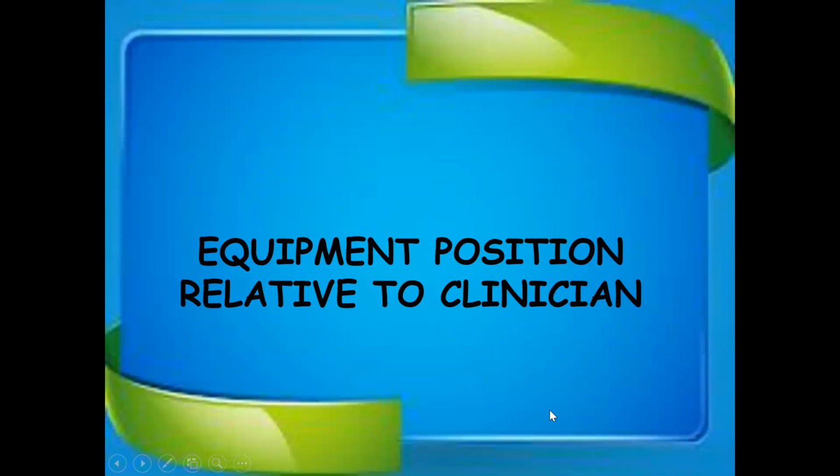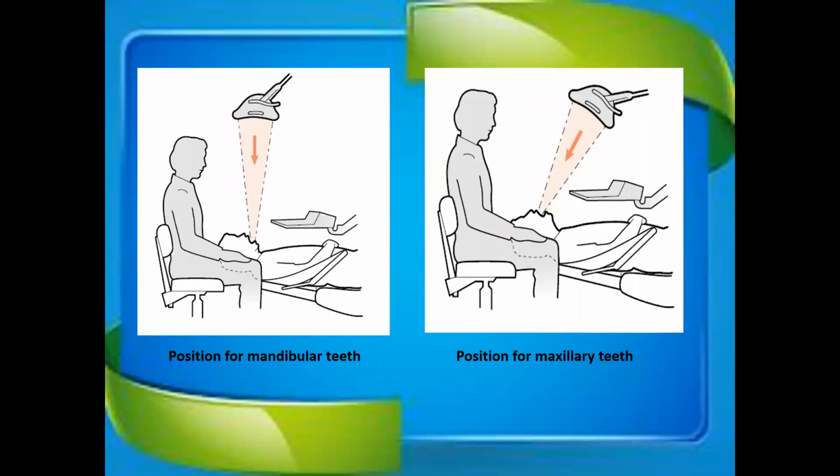Equipment position in relation to the clinician. So if you're working on the mandibular teeth, position the light directly above the patient's head, and the light should be as far above as possible within your comfortable reach.